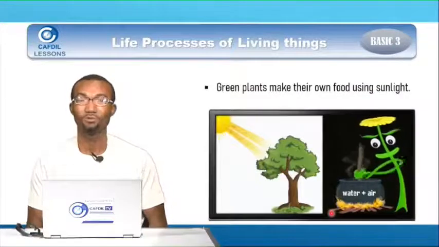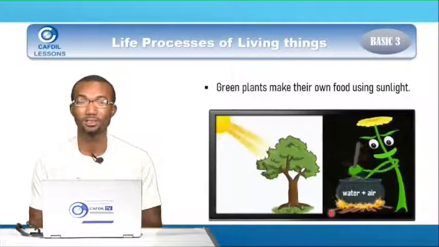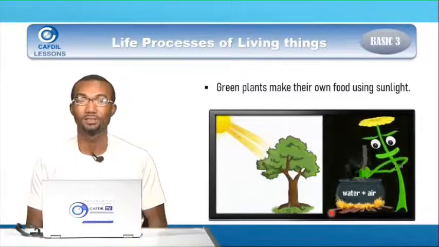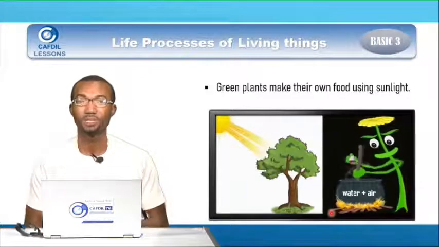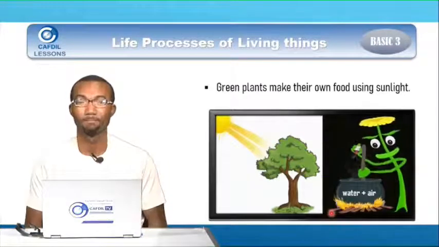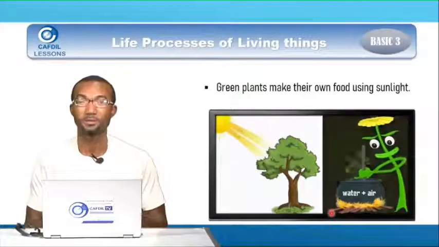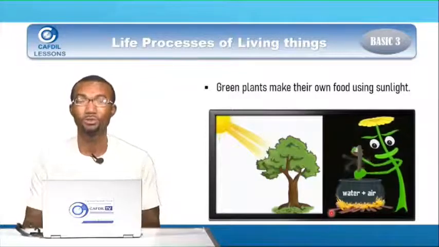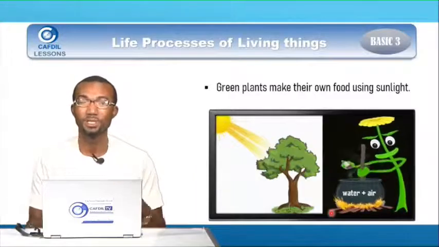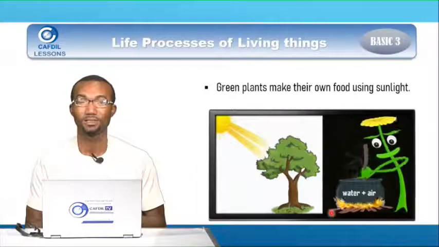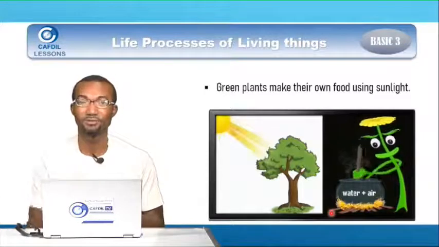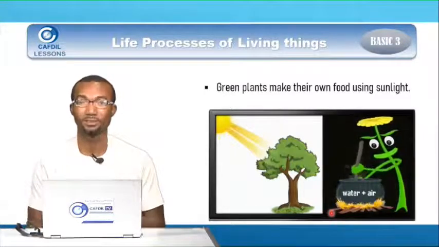Plants make their own food. Okay, you know that plant is also part of living things. So green plants make their own food using sunlight. So plants also eat. They prepare their own food and eat. In basic 2, you learned about the parts of a plant, and we said the leaf is the cook for the plant.